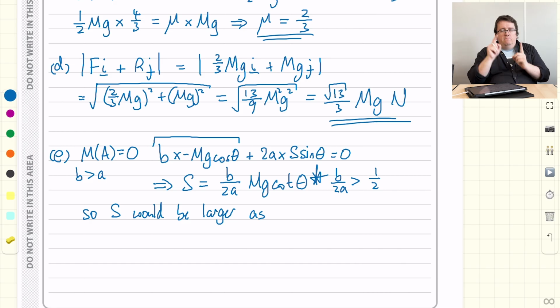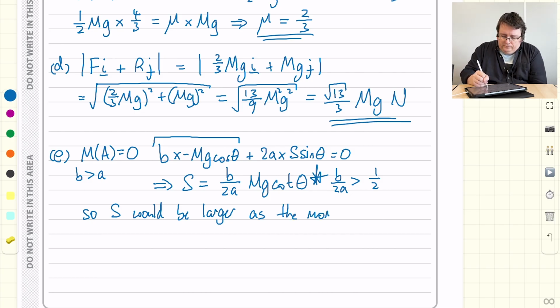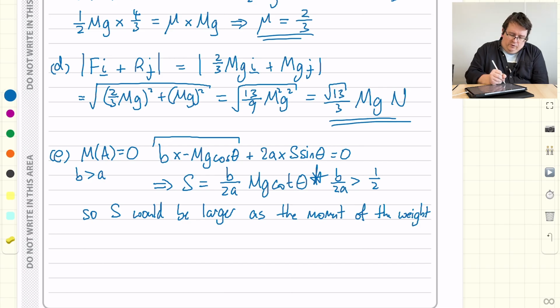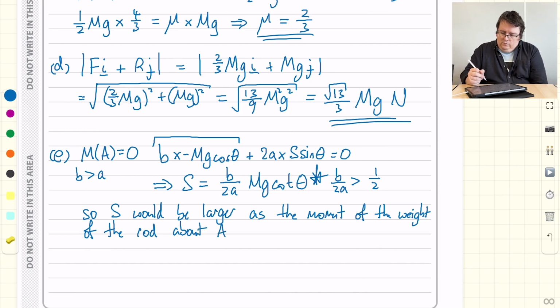When we calculated the moment from A of the weight, s would be larger as the moment of the weight of the rod about A would be larger. Okay, so that is question number 6.